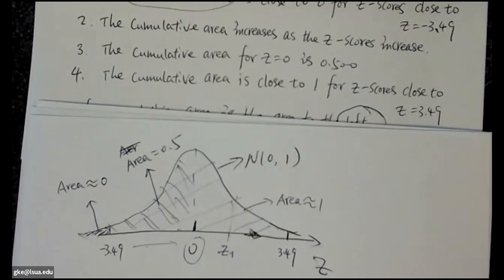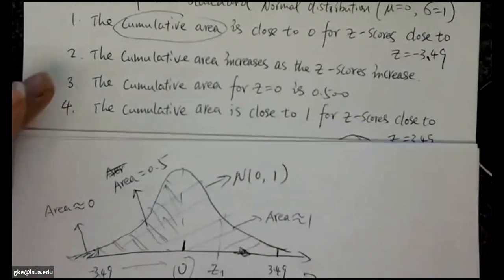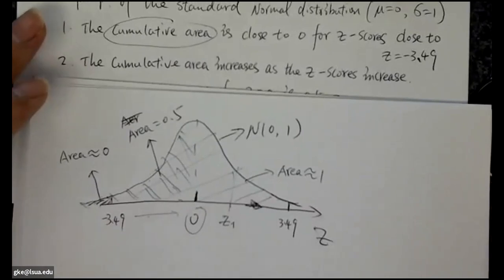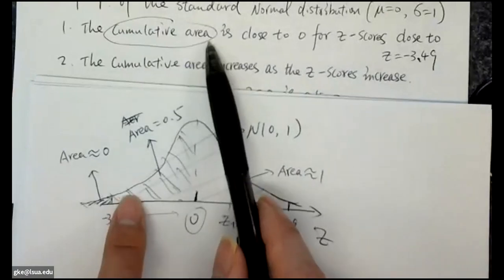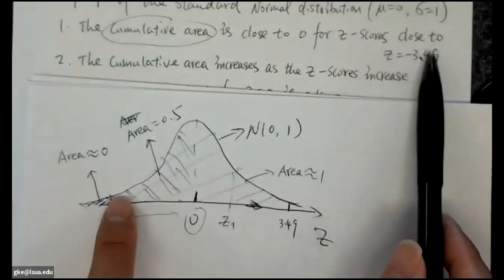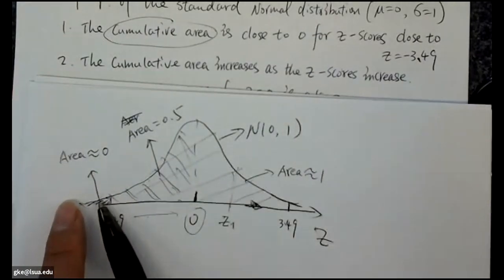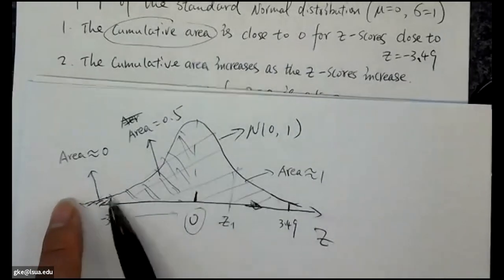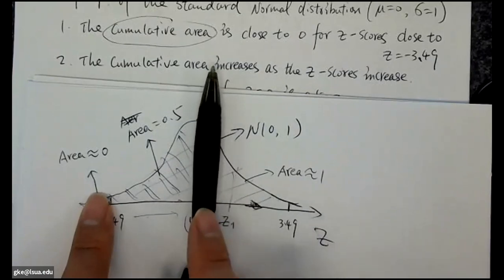Based on the previous property, why is this close to 1? We can use the property from number one, because the cumulative area close to this guy is 0, right? Very good.